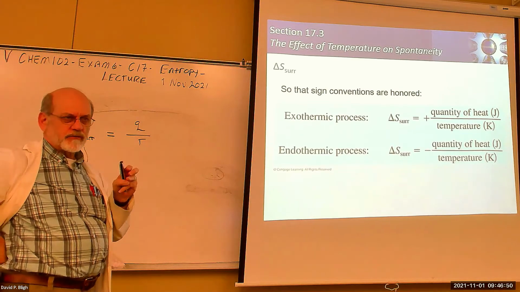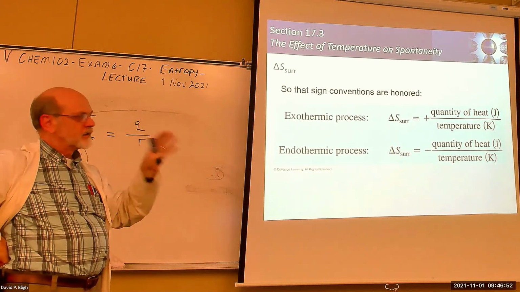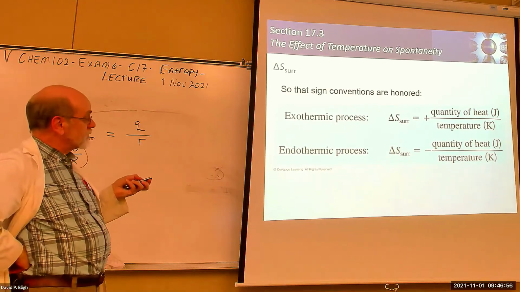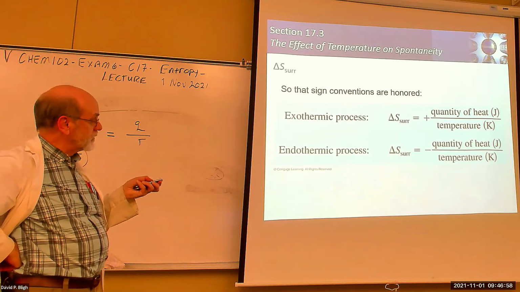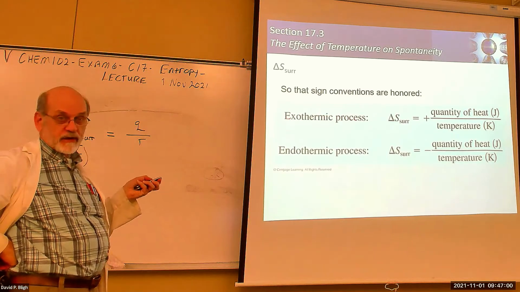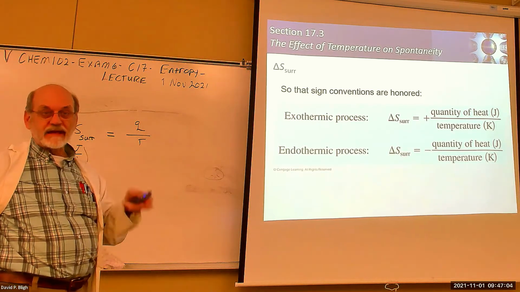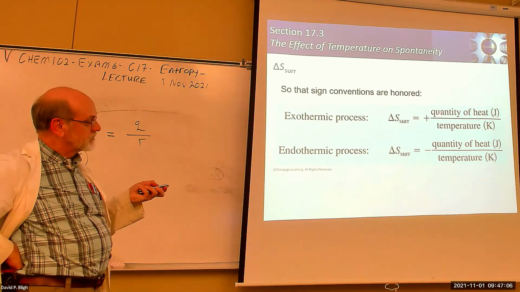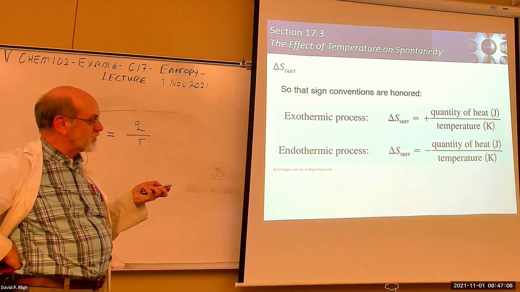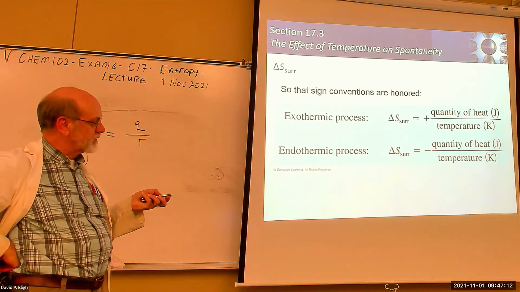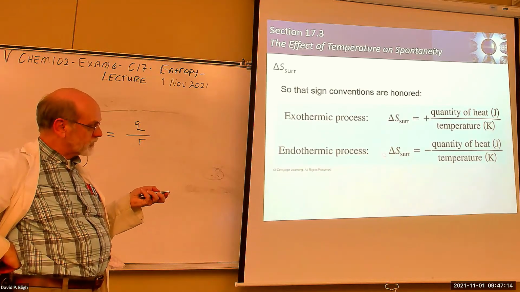Up to this point, we've said everything is referenced to the system. Now, the system will experience a loss of heat because it's exothermic, but the surroundings will have a positive gain of heat. Okay, so that's why this value is positive. And an endothermic process is negative for delta S for the surroundings.